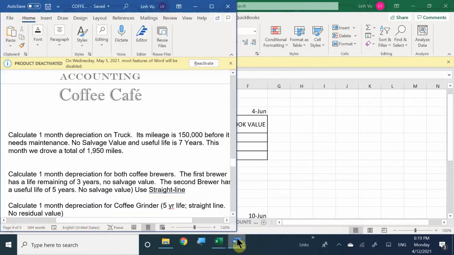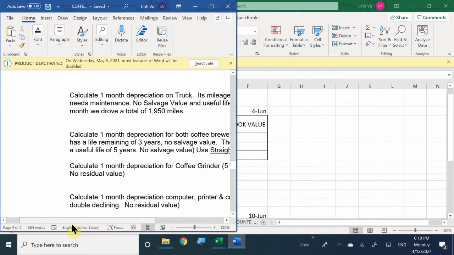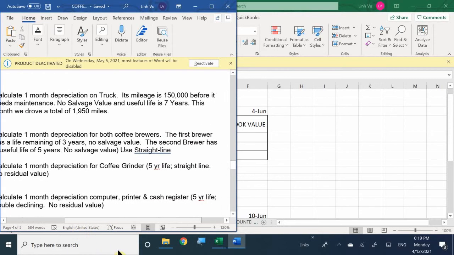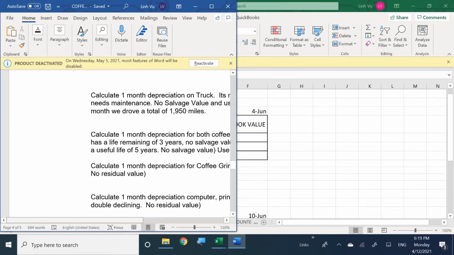Okay, so let's see what's next. We also have to calculate 1 month of depreciation for the coffee grinder. Same thing here, 5 years straight line with no salvage value.